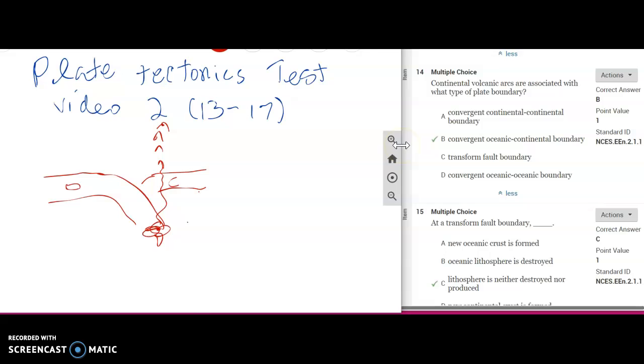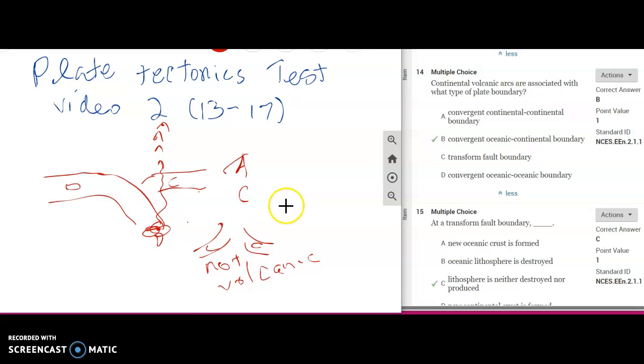The answer is B. Let's look at what the other answer choices are, though. A says convergent, continental, continental boundary. That would be mountain building. That would make a mountain for sure, but it's not a volcanic mountain. So it wouldn't be A because it's not a volcano. And B was the correct answer.